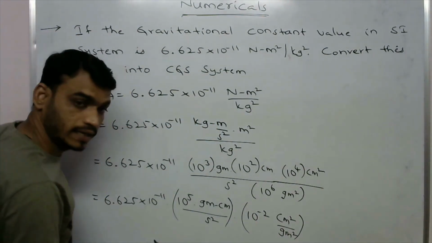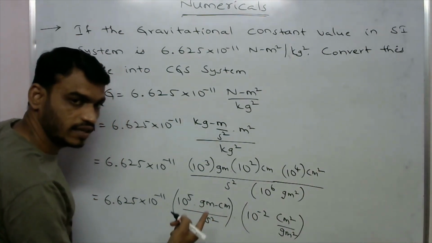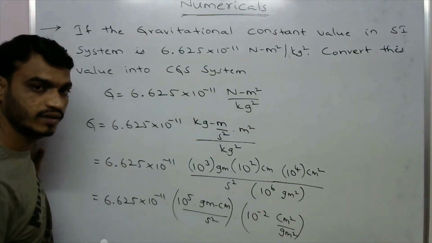Okay, but in the CGS system, gram centimeter per second square is equal to 1 dyne.